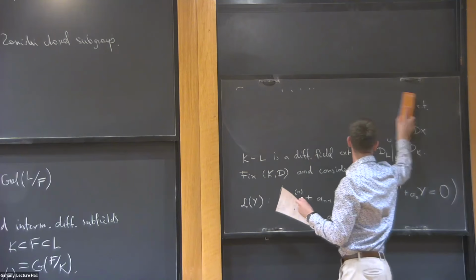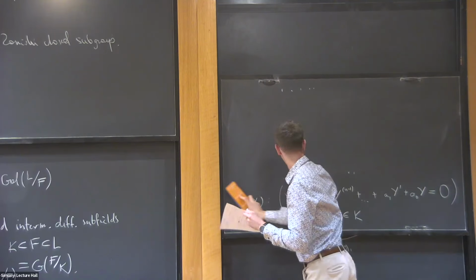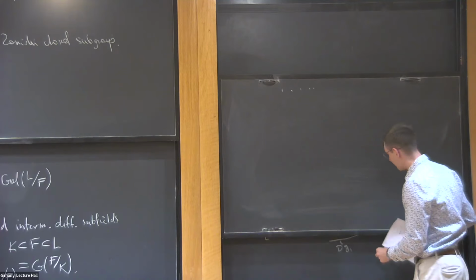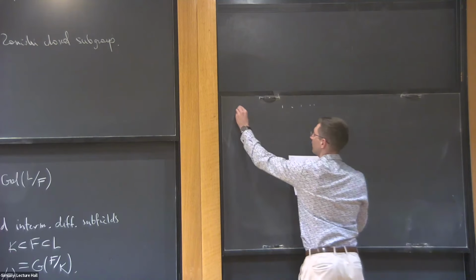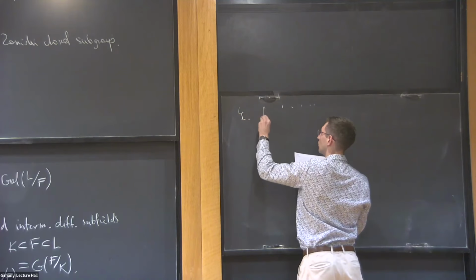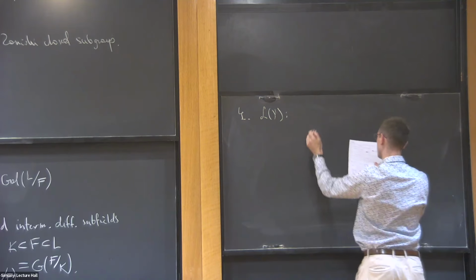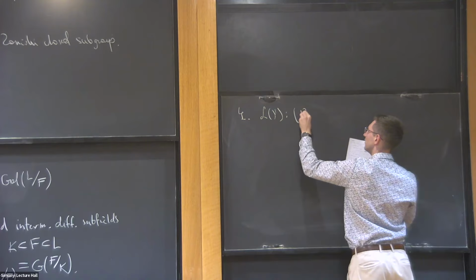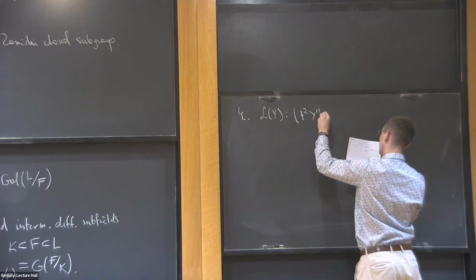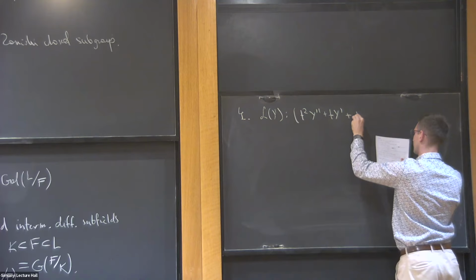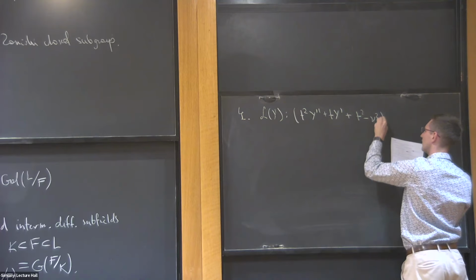So maybe let me give you one non-abelian example. So let's consider the operator L of y. This actually appeared two weeks ago. Many things appear, but it appeared at the conference regarding special points.